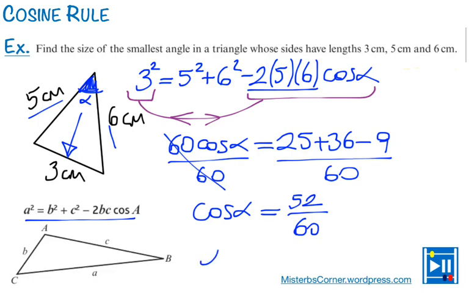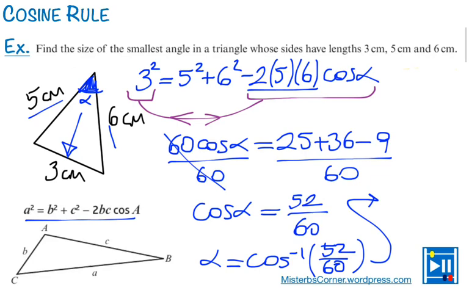There I'm going to go alpha equals cosine inverse of 52 over 60, which will give me 29.926, where I can round it to 1 decimal place, being 29.9 degrees.